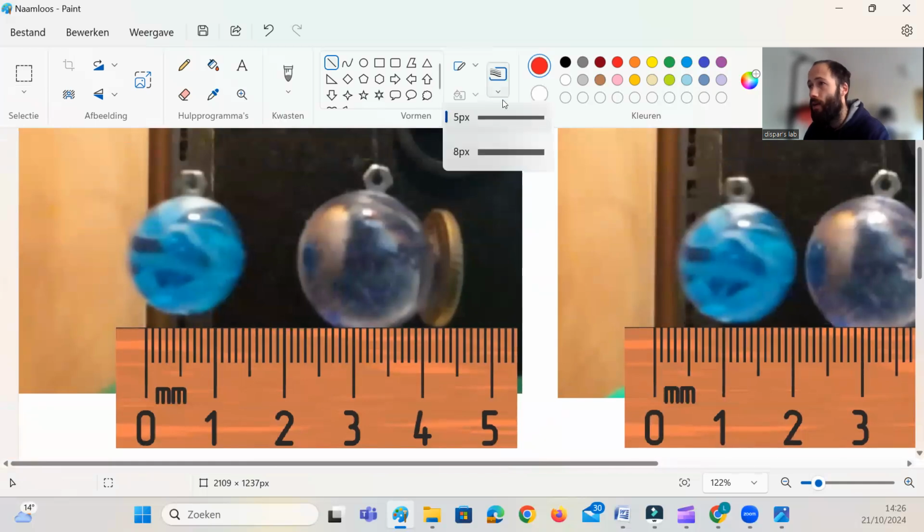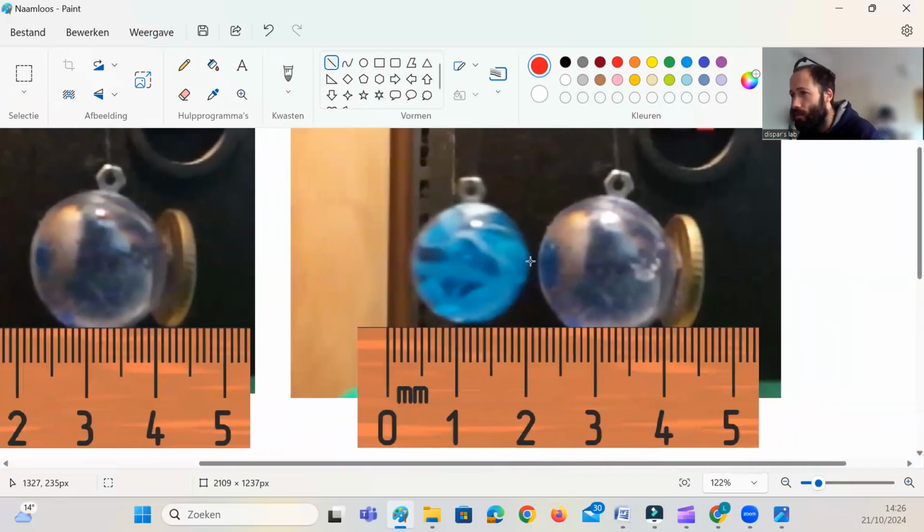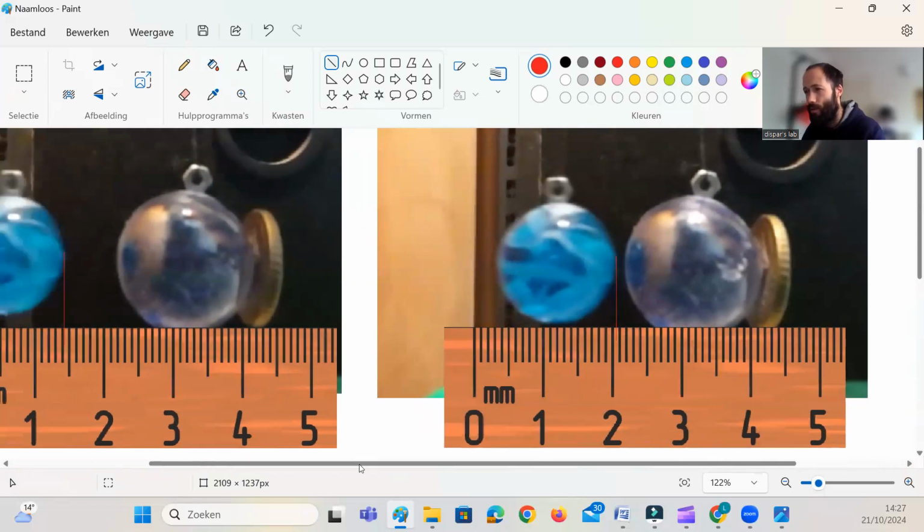Take a thinner line. Let's see. This is around 1.4. 5 frames later, it is around, you can see, seems to be around 2.05.